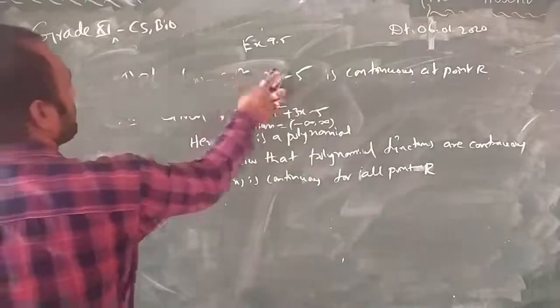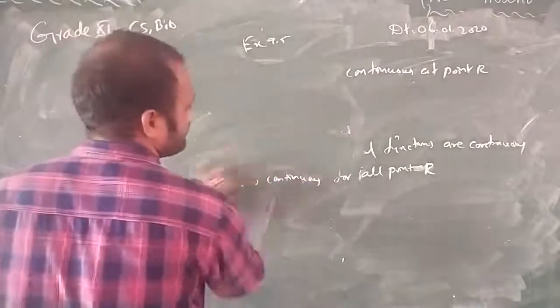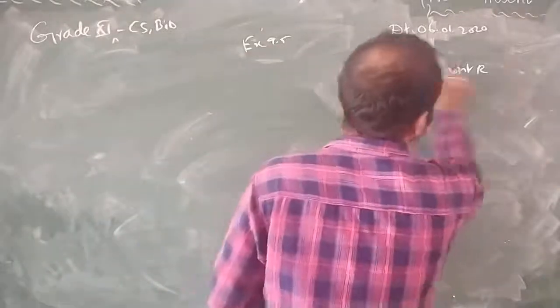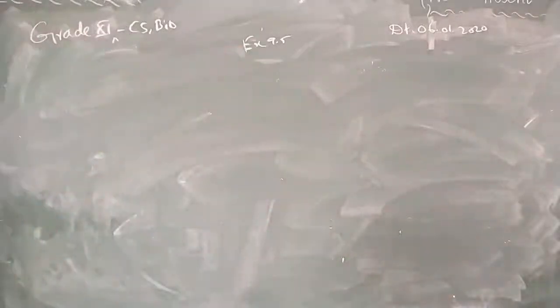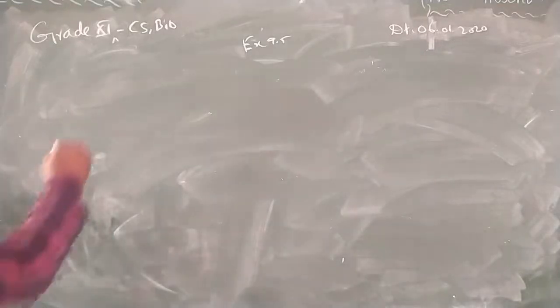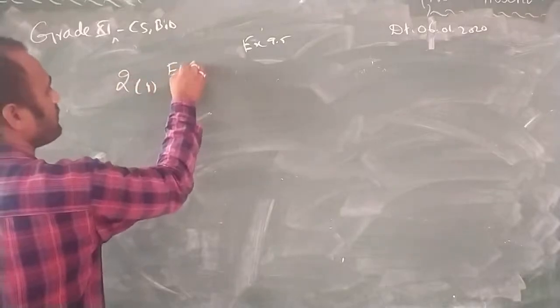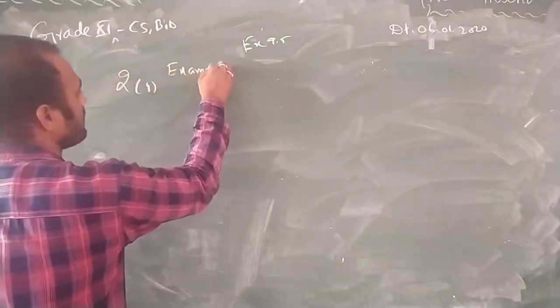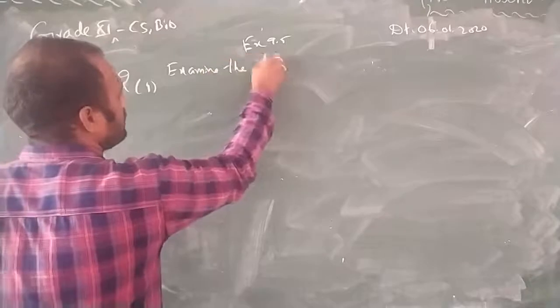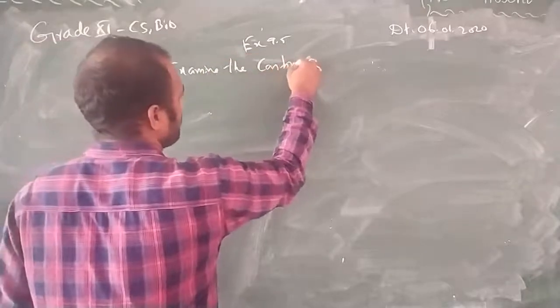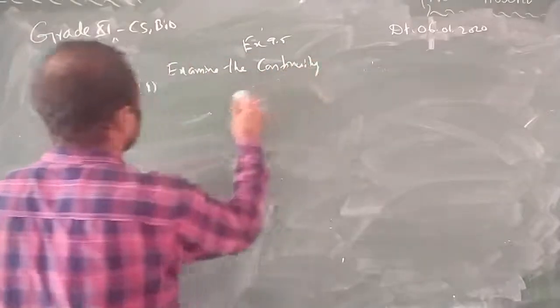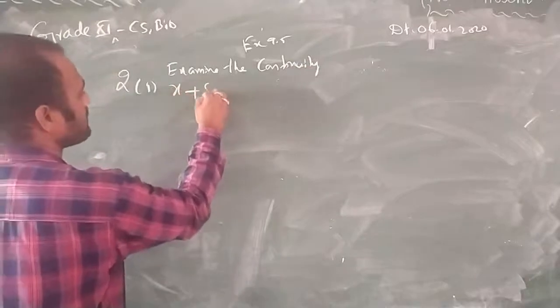Next, let us see the second question. Examine the continuity of the following functions. We need to check whether it is continuous or not. The first function is x plus sin x.